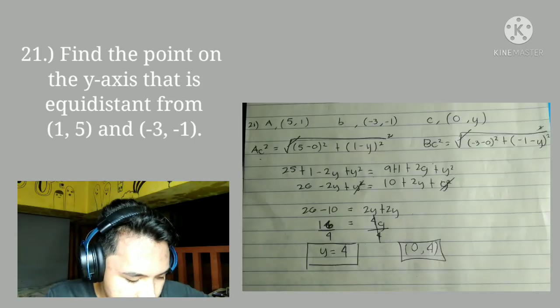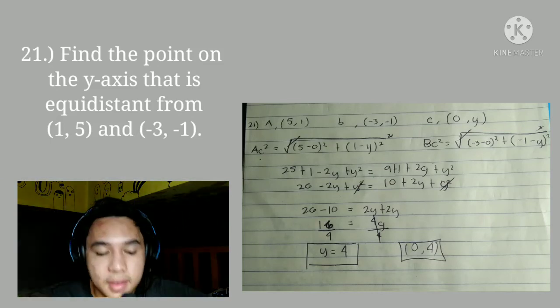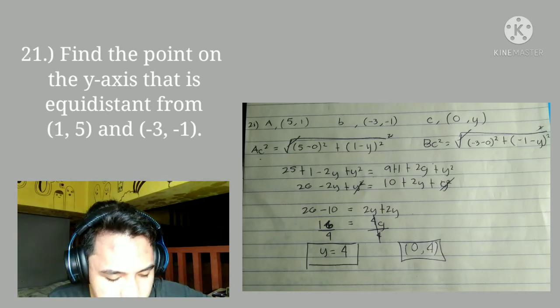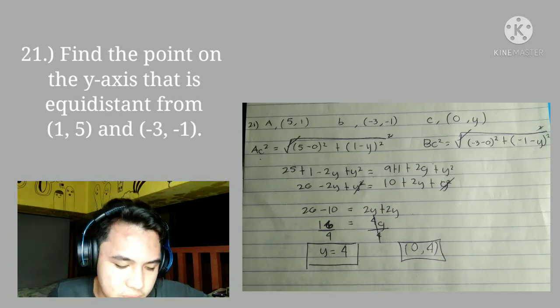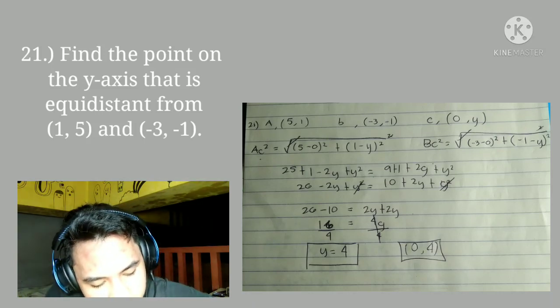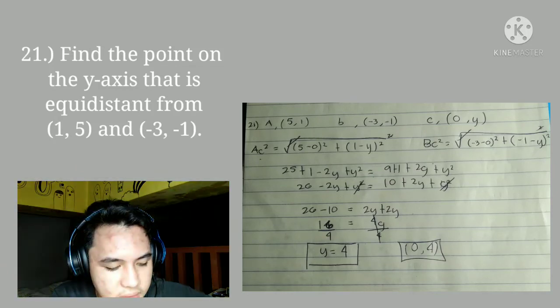And now for our number 21, we need to find a point on the y-axis that is equidistant from (5, 1) and (-3, -1). So what we can do here is first identify our points: our a is (5, 1), our b is (-3, -1), and our c is (0, y) because it is on the y-axis.